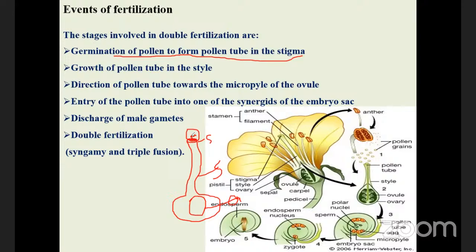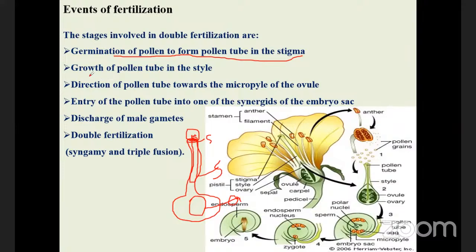After pollination, the fertilization process starts. The pollen which fell on the stigma starts germination and forms the pollen tube. The pollen tube formation is the first step.